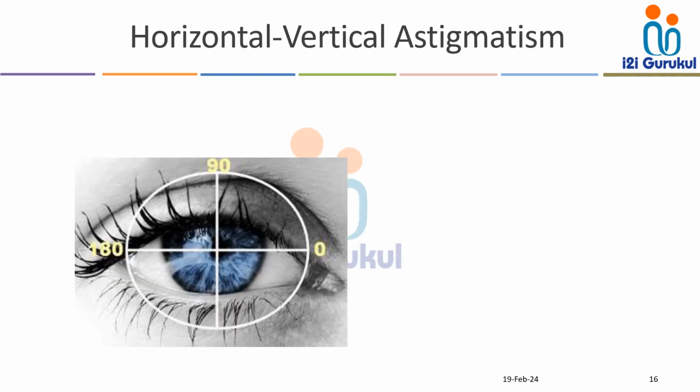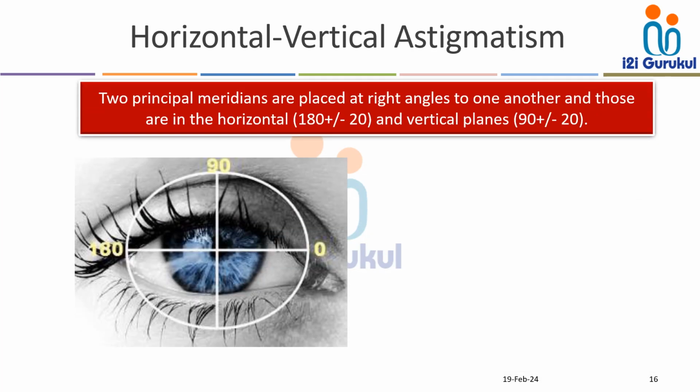Towards horizontal vertical astigmatism, that is in regular astigmatism, the vertical beams of light focus in front, anterior to the horizontal beam of light in the eye. The principal meridians are placed at right angles to one another, and those are in the horizontal 180-degree axis with plus or minus 20-degree rotation, and the vertical plane is at 90 degrees with plus or minus 20-degree rotation.